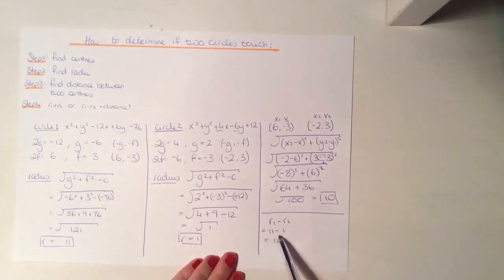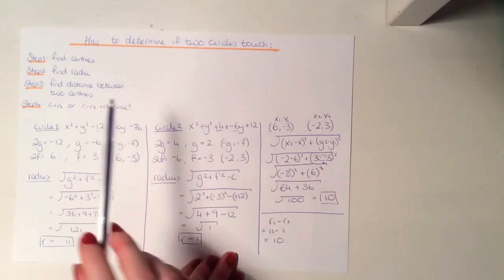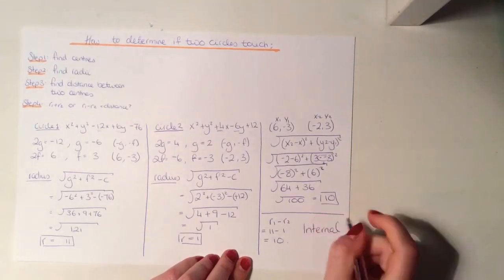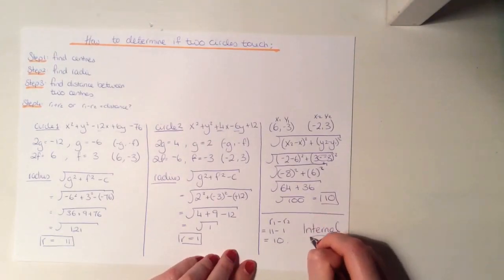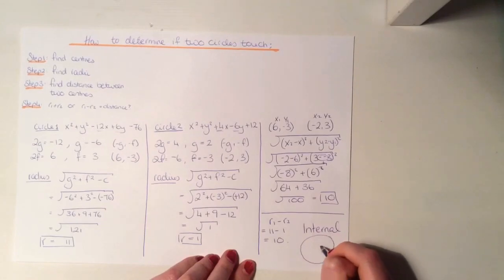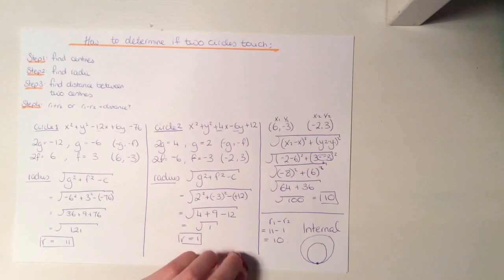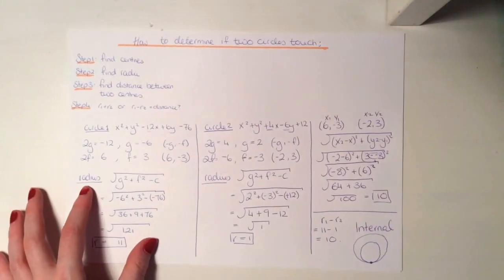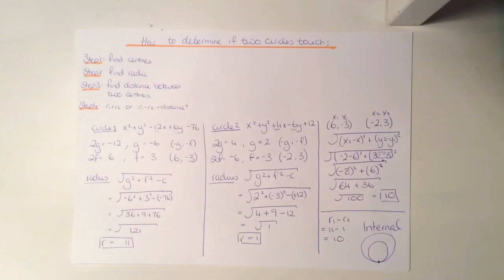And if it's minus radius, that means it's internal. So they touch internally, which means that the bigger circle will have the smaller circle inside it touching at a point. And that's your 4 steps. That's all 4 steps now on how to determine if 2 circles touch.